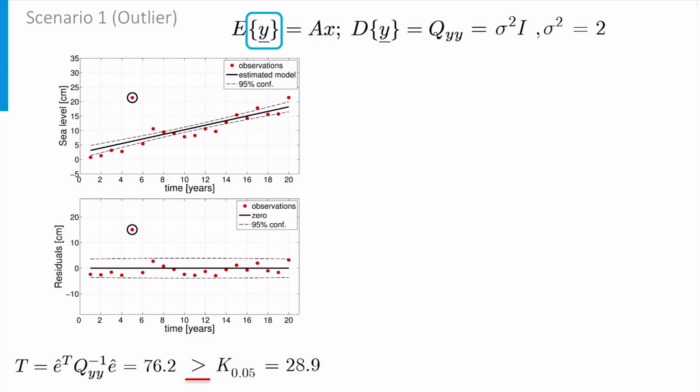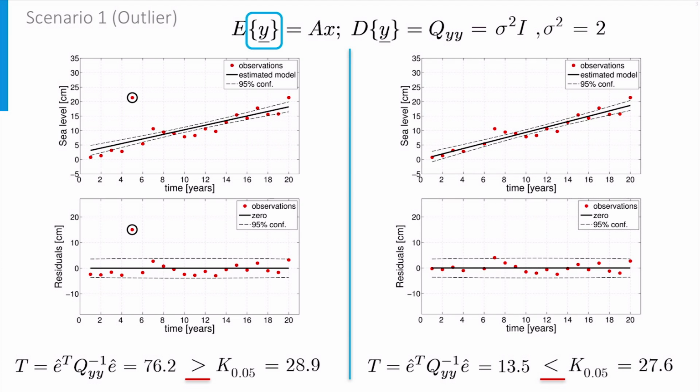A closer look at the residuals clearly indicates that we have an outlier. Let's remove the outlier and apply the estimation again. Here are the results with the new test statistic. Note that the threshold is also different since we have removed 1 observation, so the number of degrees of freedom has changed and is 17 in this case, resulting in a different threshold.